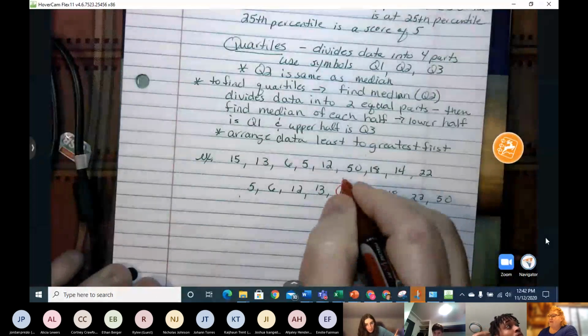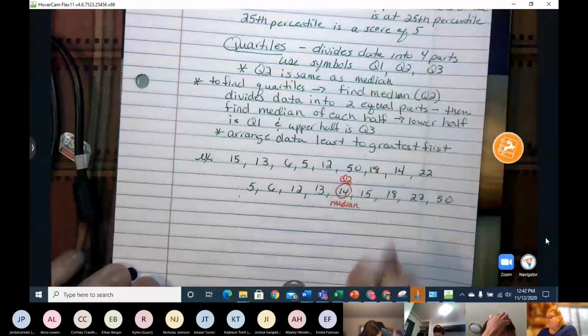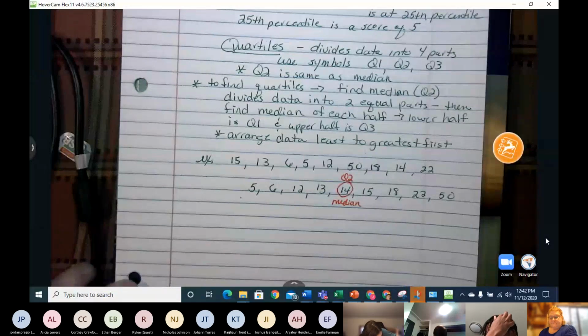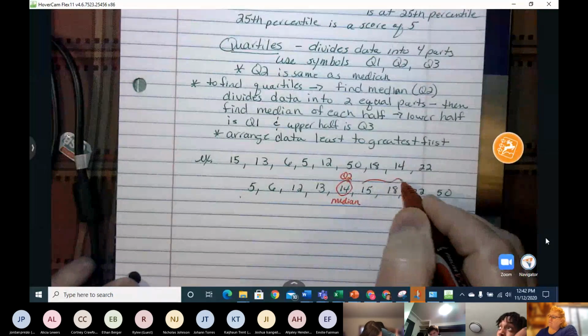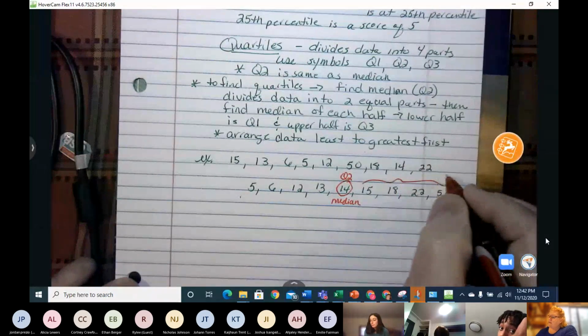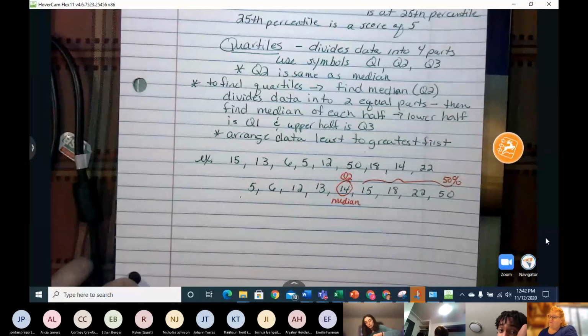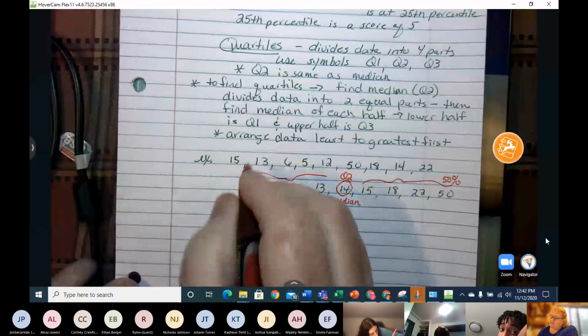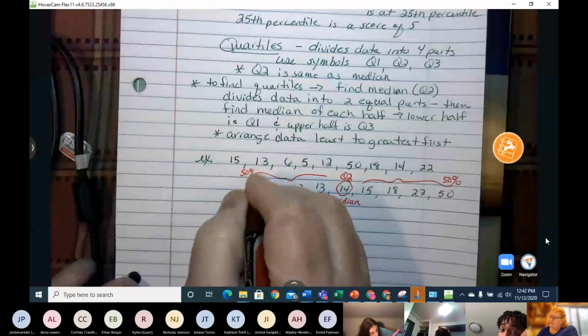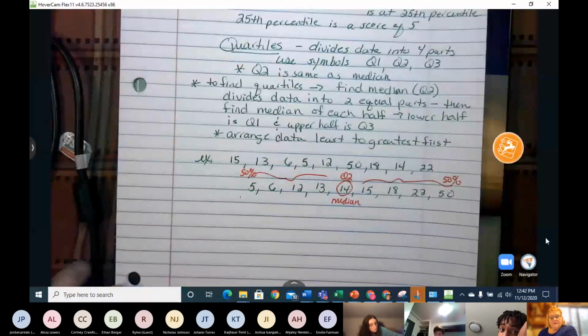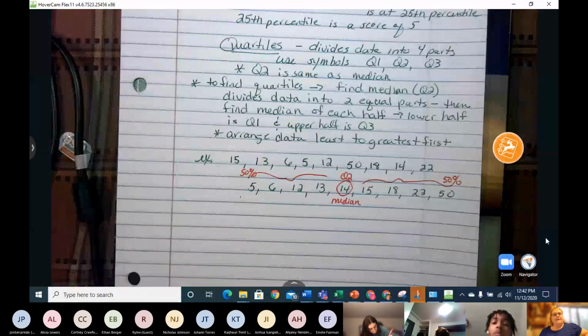The median is the same thing as quartile 2. This is 50% of the data on the top half. This is 50% of the data on the bottom half. So we have to know that the median divides the data into two 50% parts.